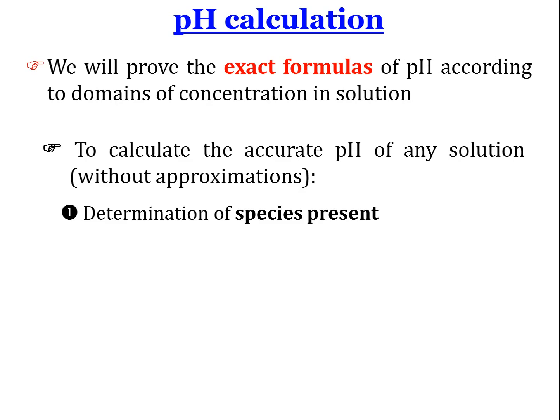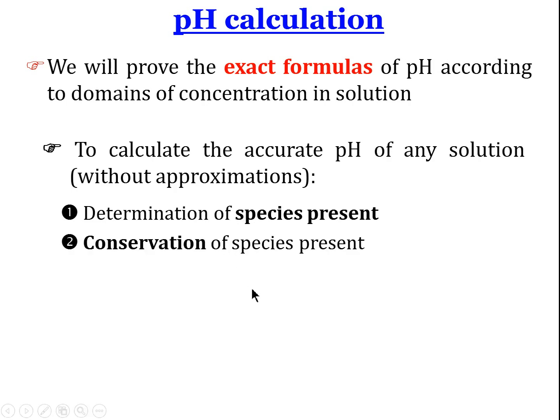If we have acetic acid in solution, the dissociation of acetic acid is not complete. So in the solution we will have acetic acid remaining, acetate formed, H3O+ formed, and OH minus.